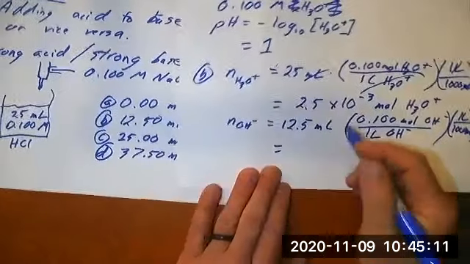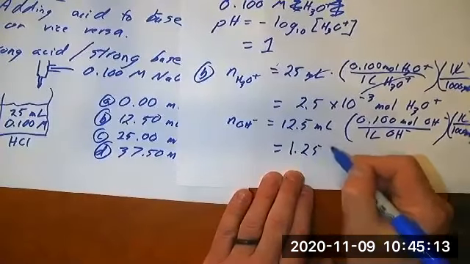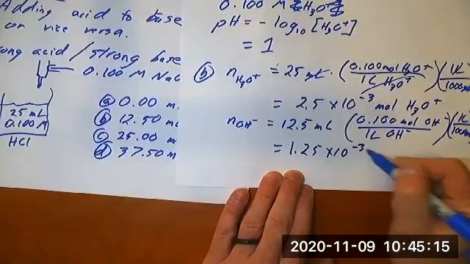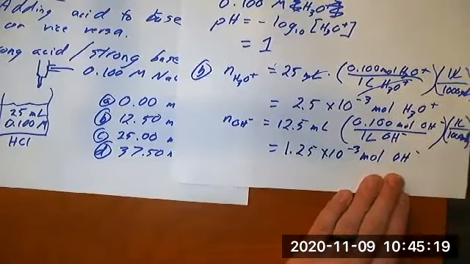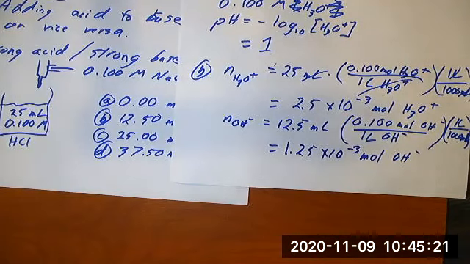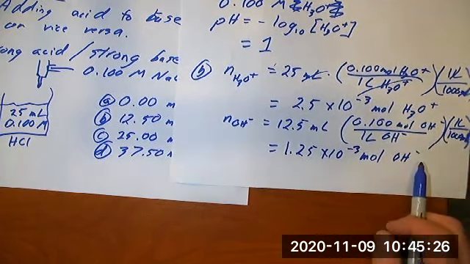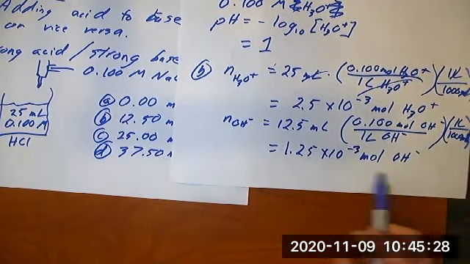And we find that we have 1.25 times 10 to the minus 3rd moles of hydroxide. Now, because both of these are strong acids, they neutralize each other until you run out of the hydroxide.